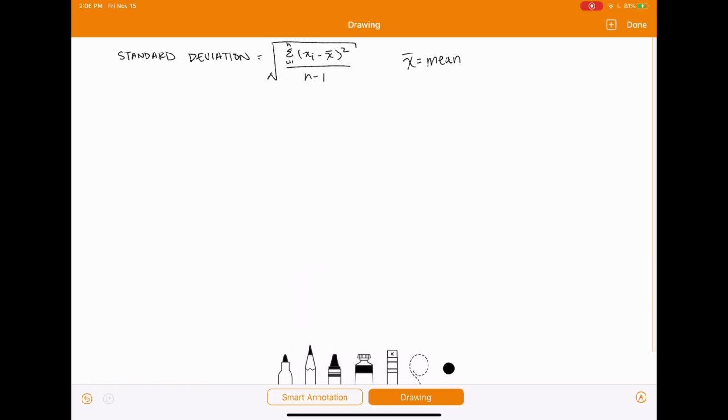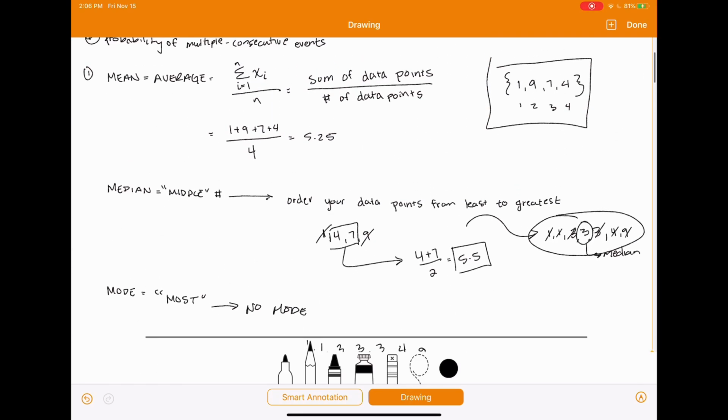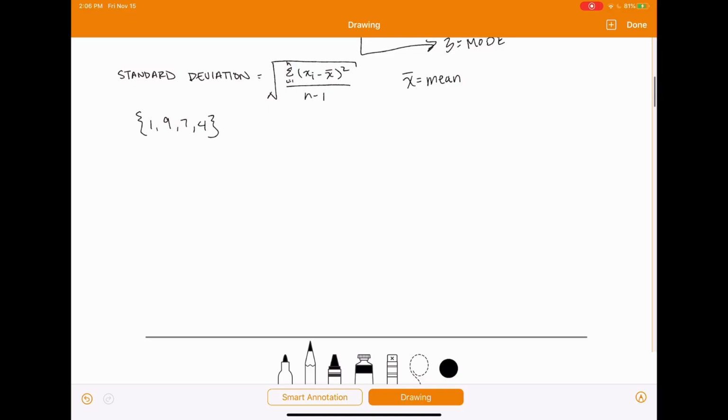All right, so if we go back to our original data set of 1, 9, 7, 4, we found above that our mean is 5.25. So x bar equals 5.25.